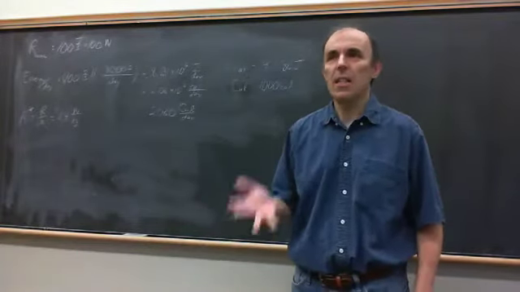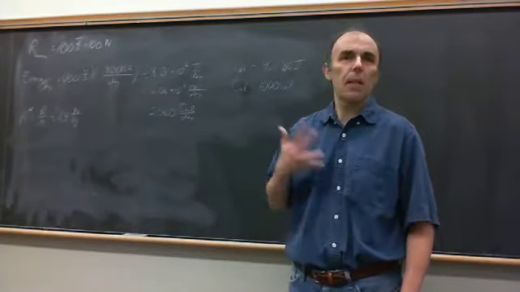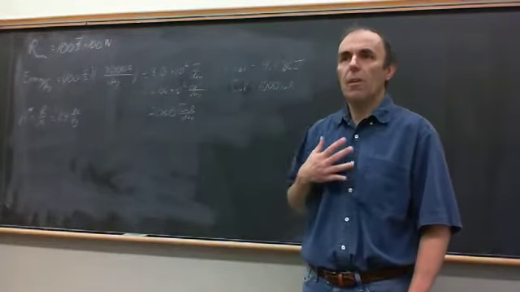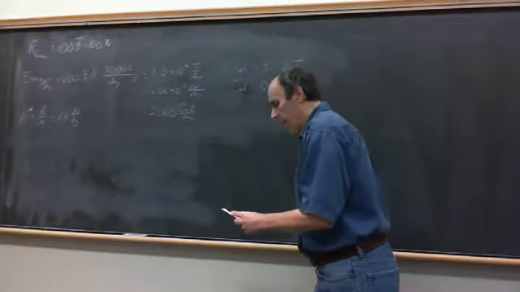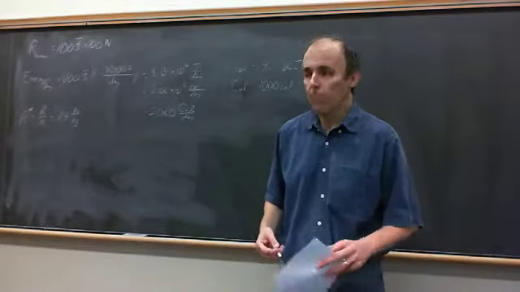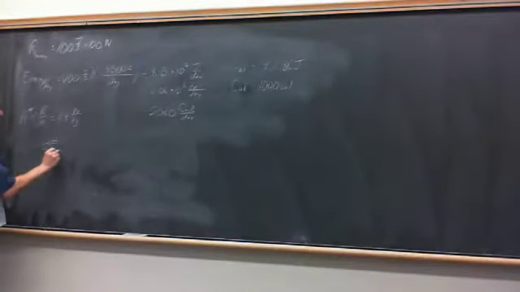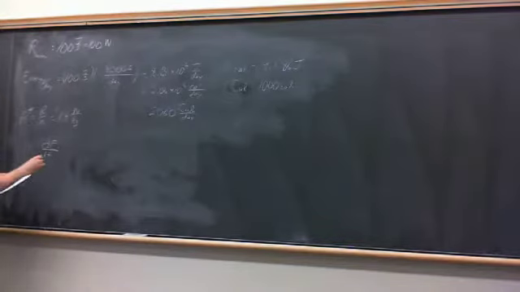How fast are you going to heat up? Because your metabolism is going to keep going, keep producing heat, but you have no way now to get rid of the heat. So let us see if we can figure out how fast you heat up. Well, that means how fast does your internal energy increase? And that's just equal to your metabolism.